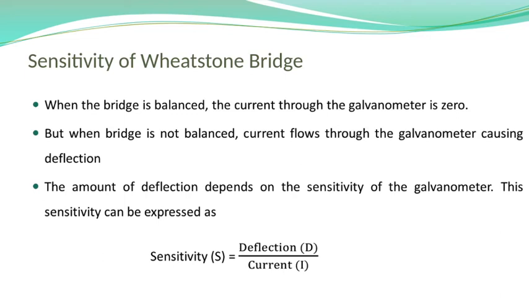If the Wheatstone bridge is not balanced, current flows through the galvanometer and causes deflection. The generated amount of deflection depends on the sensitivity of galvanometer, and it is expressed as S is equal to deflection divided by current.